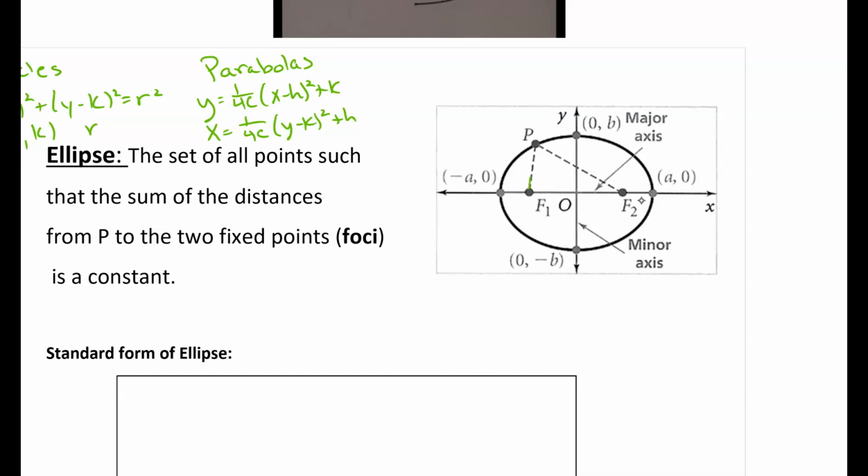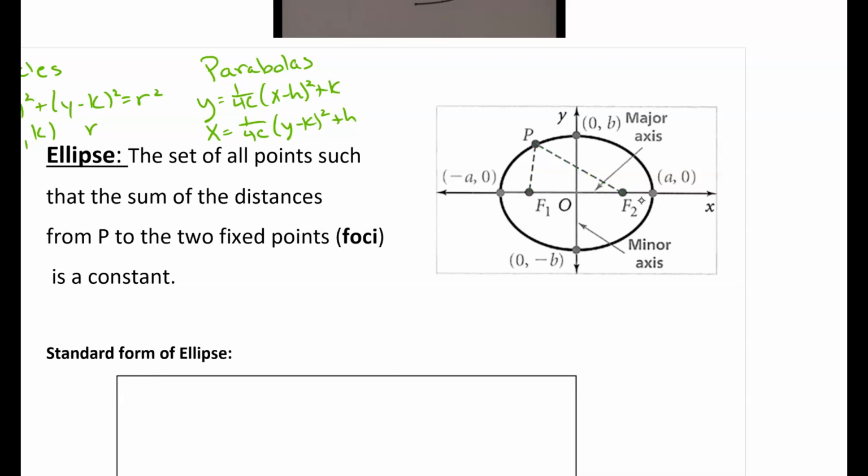So think of this like a string that's attached to the two focal points. And these two segments will never ever change in total length. They change locations, but they're linked together, and the sum will never change. And I'll give you a video in a little bit about how that all works.